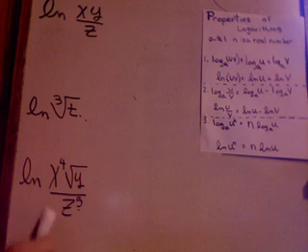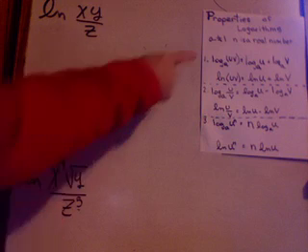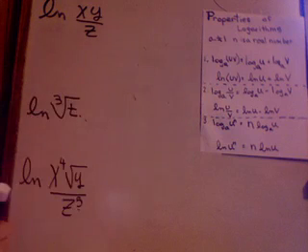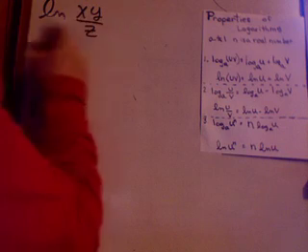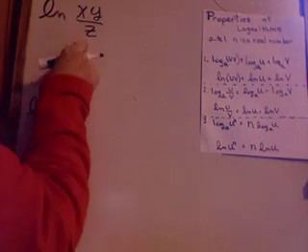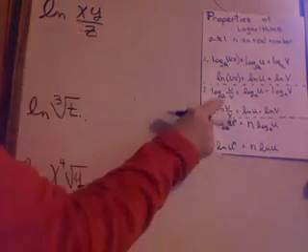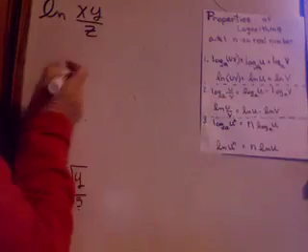All right, I have a few examples using the properties of logarithms. And again, these properties are listed in your book. I think they're on page 313 or 312. All right, first thing I'm going to do is write this division as two separate logarithms.